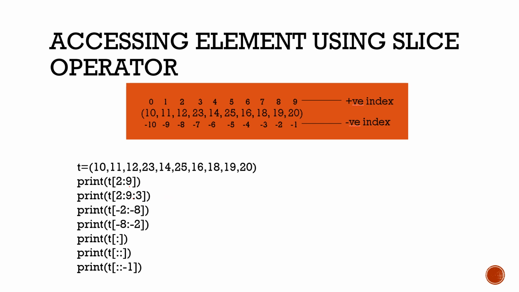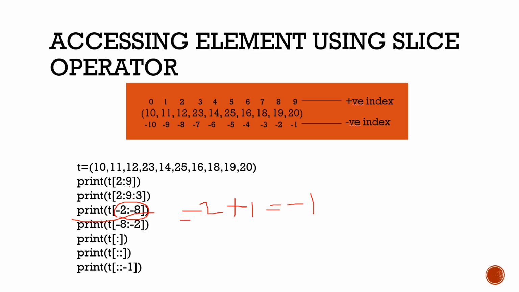Now the next line. Print t[-2:-8]. But by default the step value is 1. So minus 2 plus 1, what is the result here? Minus 2 plus 1 becomes minus 1. But if I start with minus 2, then I want to reach towards the minus 8 position.